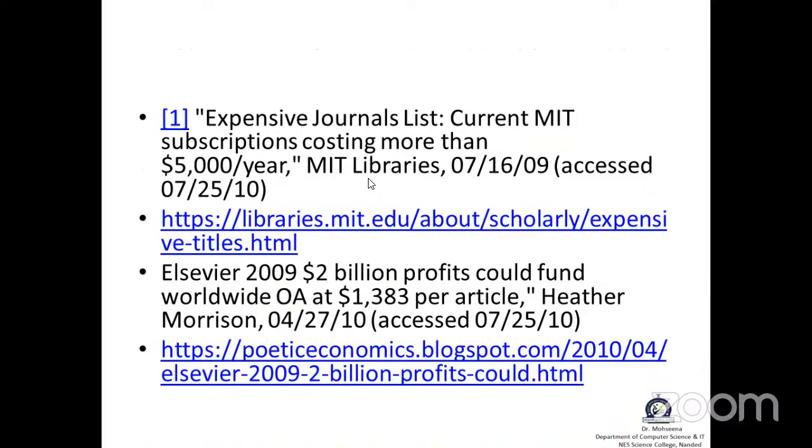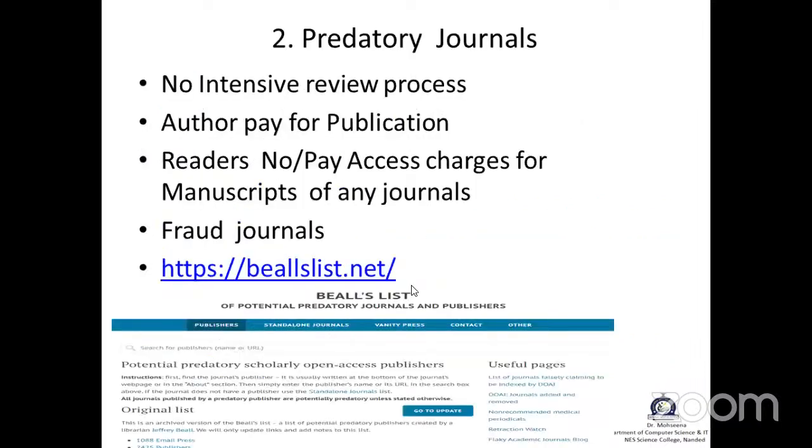The MIT libraries took a subscription of $500 per year, and it was too expensive. But the access for that particular year was too little compared to the amount they were paying. So this was the main hurdle that came into existence, where some Nobel laureate thought to cut down these expenses. Fine. These are the predatory journals.